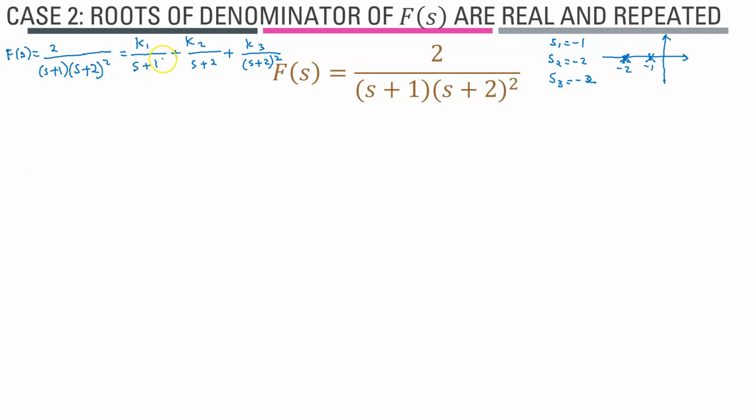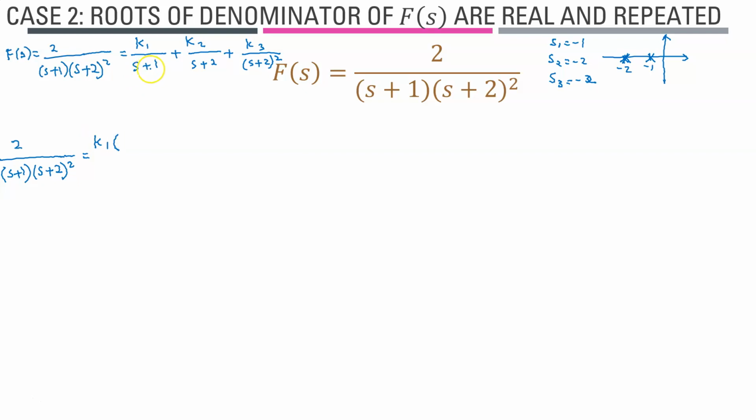So again, my method is I will make the denominators of these k1, k2, k3 equal. Hope it's not too difficult to read the handwriting. So here you will have k1.